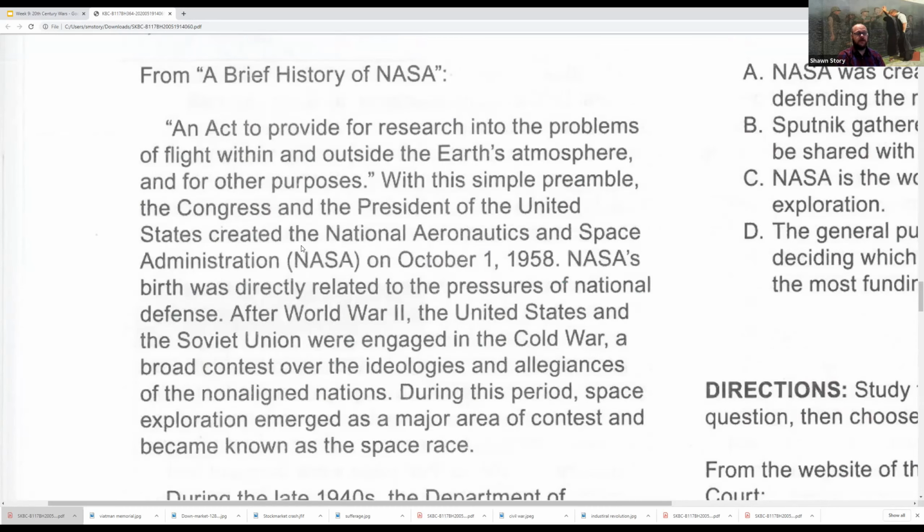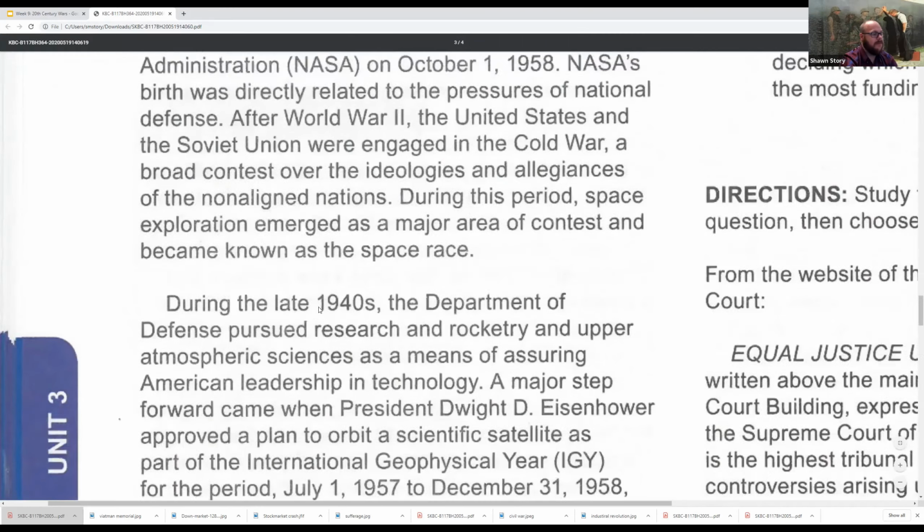After World War II, the United States and the Soviet Union, which is now Russia, were engaged in the Cold War, a broad contest over the ideologies and allegiances of the non-aligned nations. During this period, space exploration emerged as a major area of contest and became known as the space race, just like we were talking about.